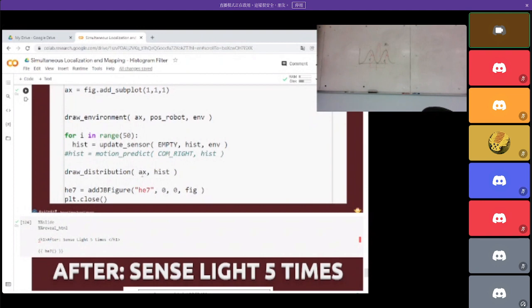So if I cannot detect the ball from this location, but I walk to this location, then I either can or cannot detect the ball, but it's much more independent of what I had previously. So that's why you want your robot to move around.